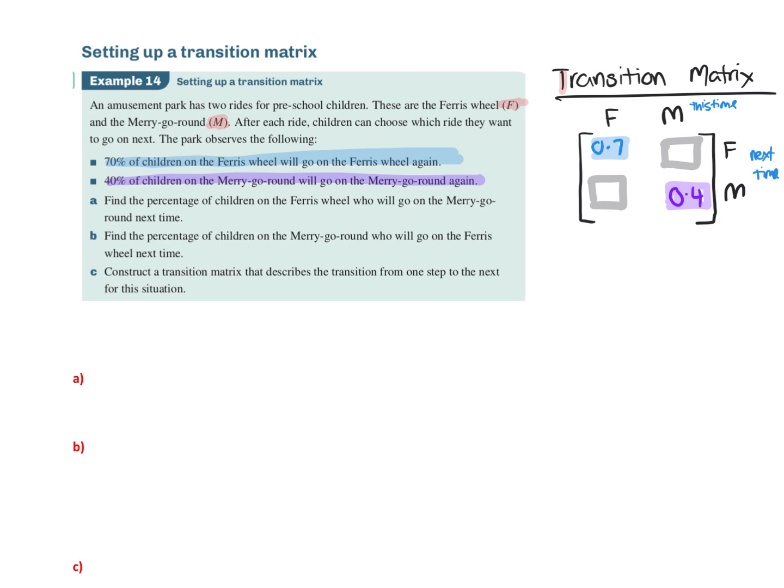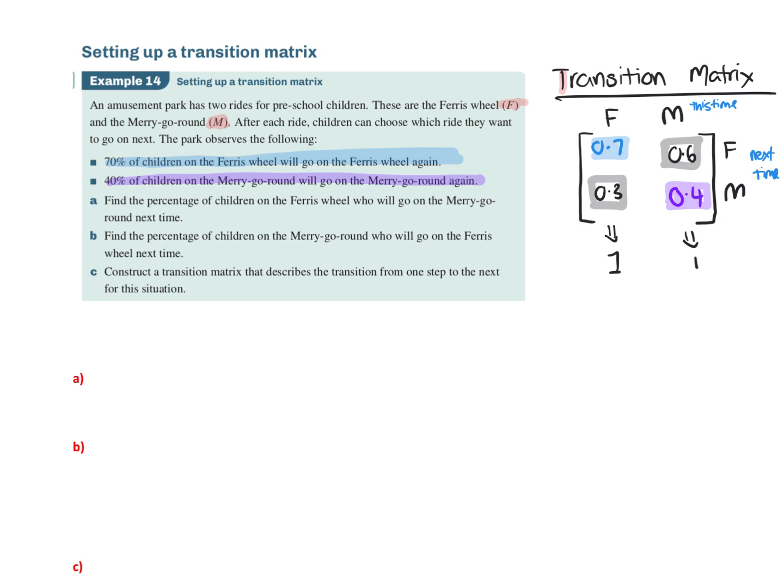All right, let's do this one under the 0.7. What's that one going to be? 0.3. Excellent. Why is that? It adds up to 1. Excellent, because they've got to add up to 1. So this one missing over here is 0.6. Good, because we know they have to add up to 1.